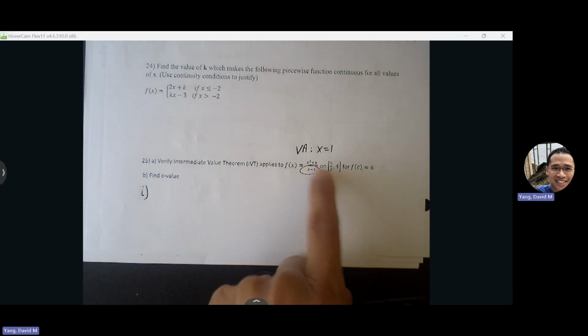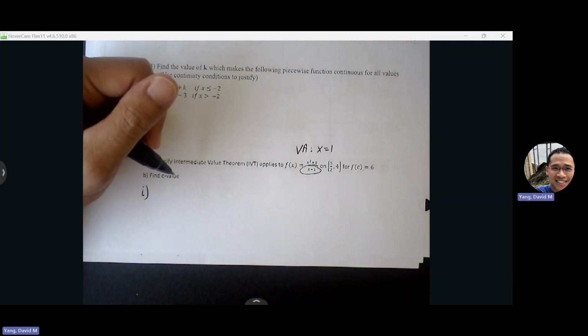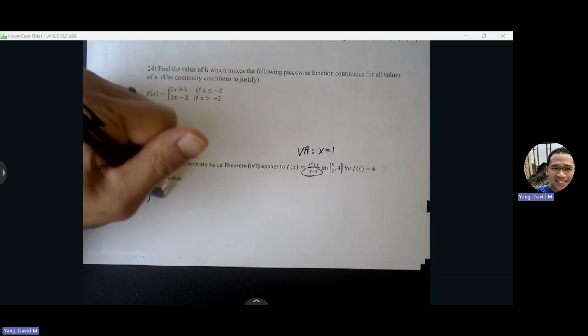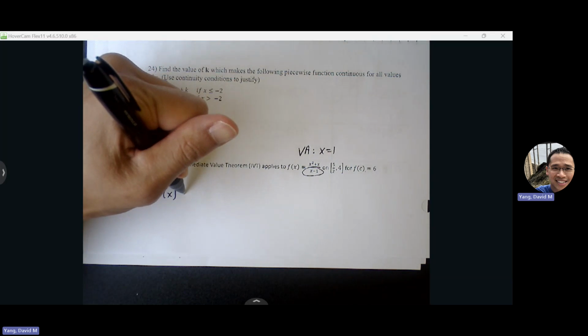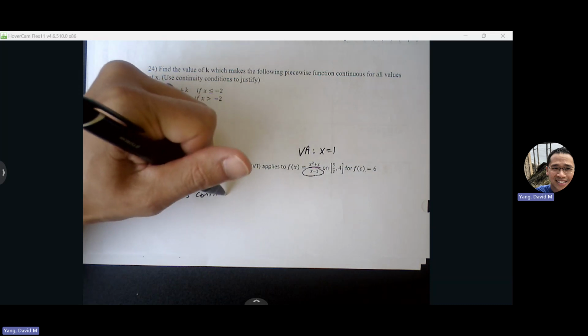As soon as you see that there's no issue, you don't have to explain how you know that. You can just do a visual check there, but you do need to state that your function is continuous on this interval that we're working on.